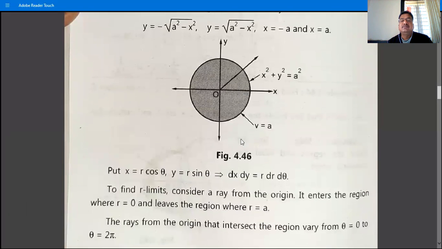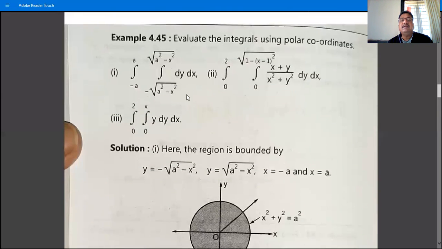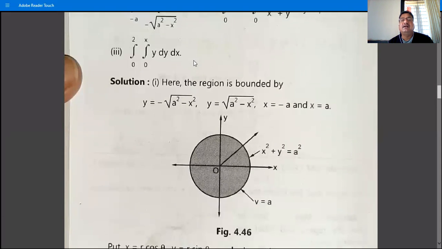So substitute x as r cos theta and y as r sin theta in this integrand. So dy dx, or dx dy, is replaced by what? Replaced by mod J, that is, r dr d theta.